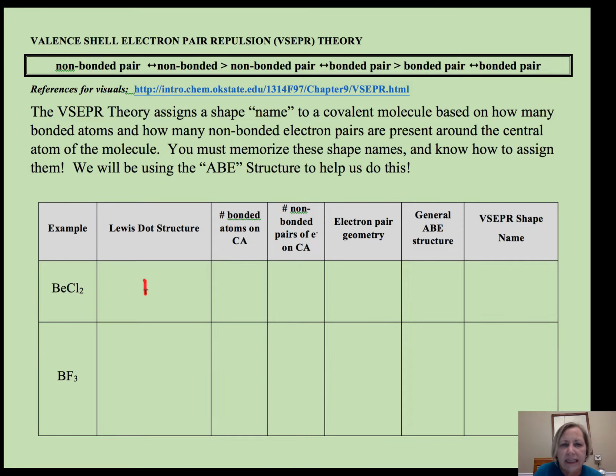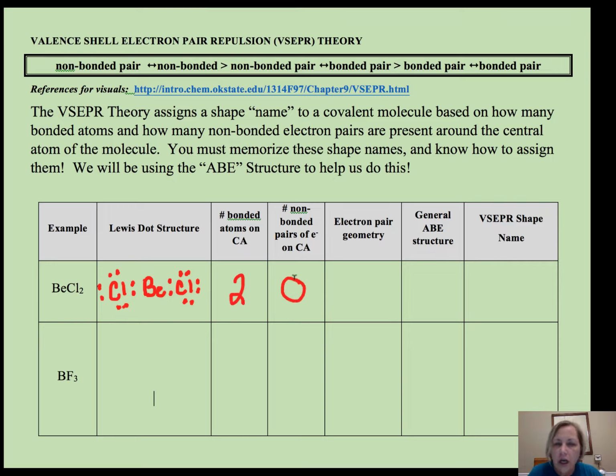Hopefully you have already seen a video, hopefully my video, on Lewis dot structures. So I'm going to do these quickly. Beryllium is one that takes less than an octet. And so this would be its Lewis dot structure. Now, let's look at the number of atoms bonded on the center. There are 2 chlorines.